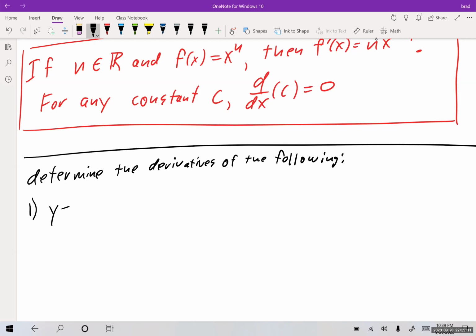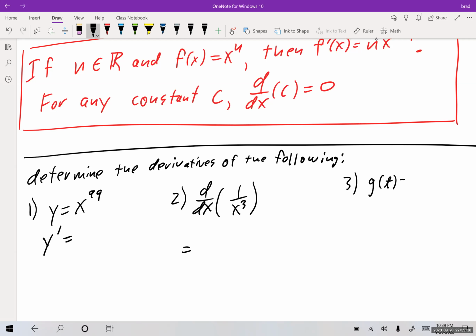Let's say we have y equals x to the 99. Okay, so then y prime would equal what? Let's say for number 2, we have d dx of 1 over x cubed. Let's see what that would be. And you know what, I'll write it below it right here. And then for number 3, we could say g of t equals t to the 3/2.